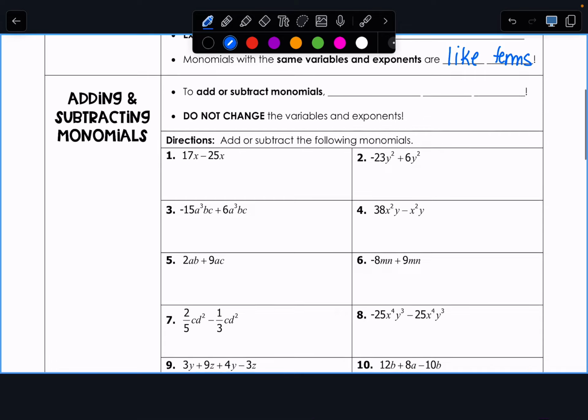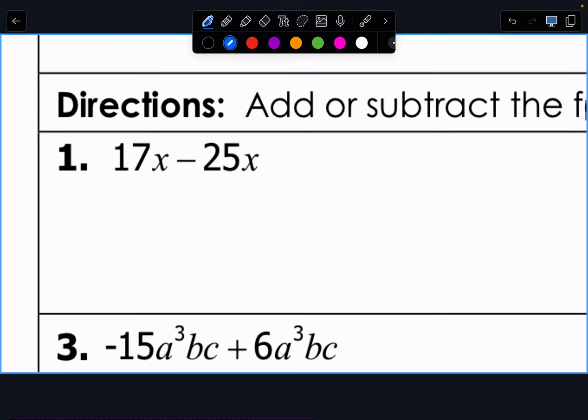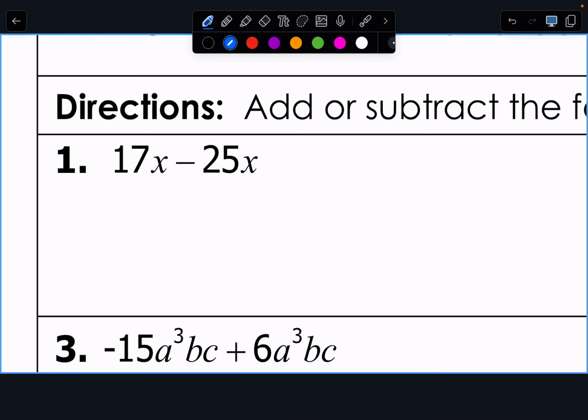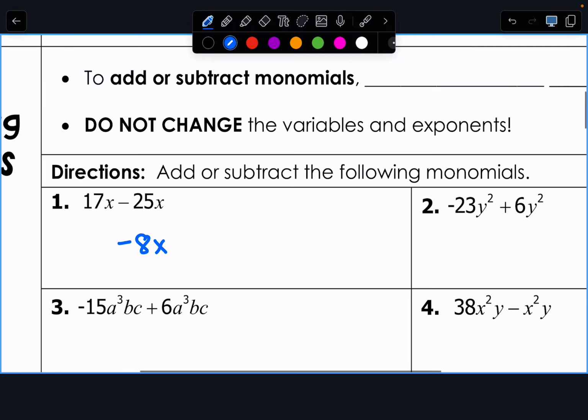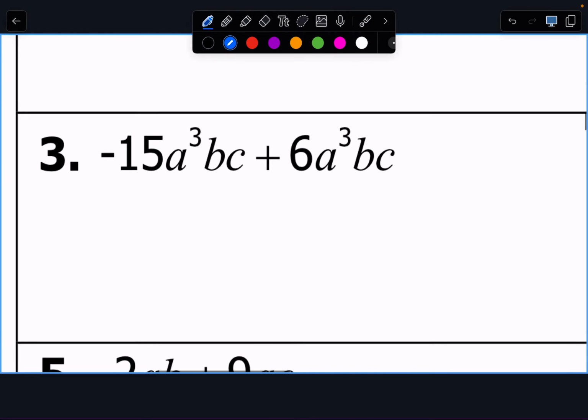Like right here, number 1, 17x minus 25x. Are these like terms? Yes, they are. So what's 17 minus 25? So this is negative 8x. Now, we've done that before, but we're going to spice things up a little bit. Look at number 3.